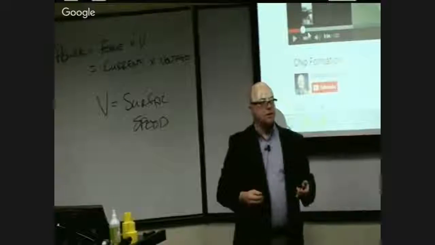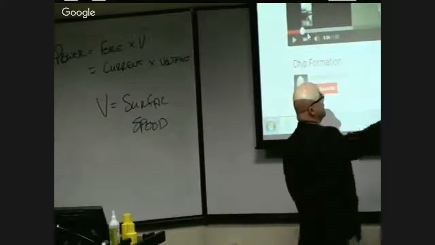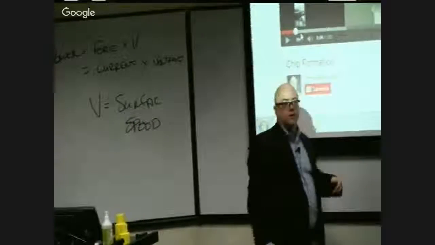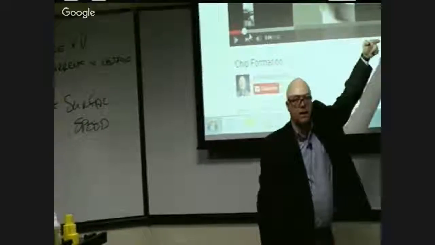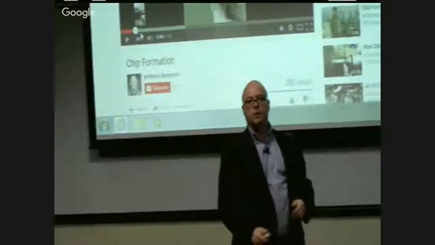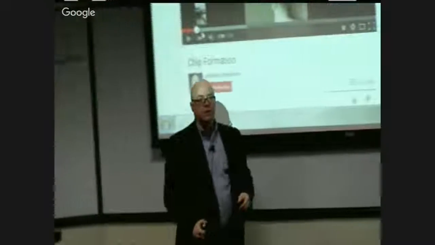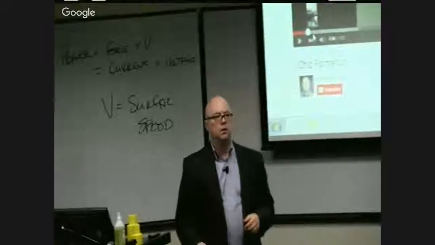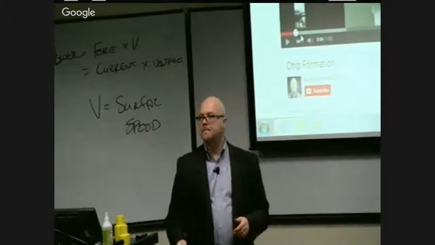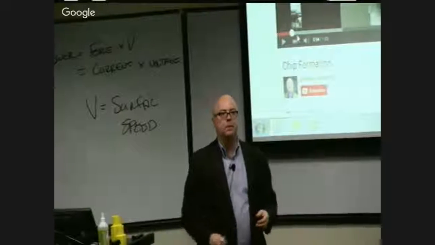So the tool is feeding in this direction, or alternatively, the workpiece is feeding in that direction, right? But what causes that chip to form on that rake face of the tool? How thick is the chip?